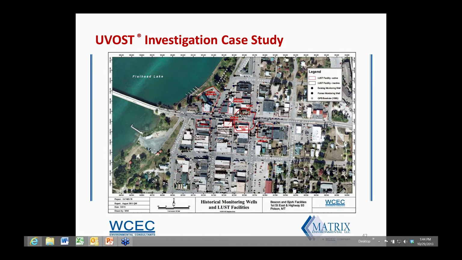Most of the other PRP sites that are outlined were heating oil tanks, and there was one other high-volume petroleum distributor that had some potential issues associated with it. So we developed, in conjunction with the DEQ, a plan to go investigate this site using UVOST technology.